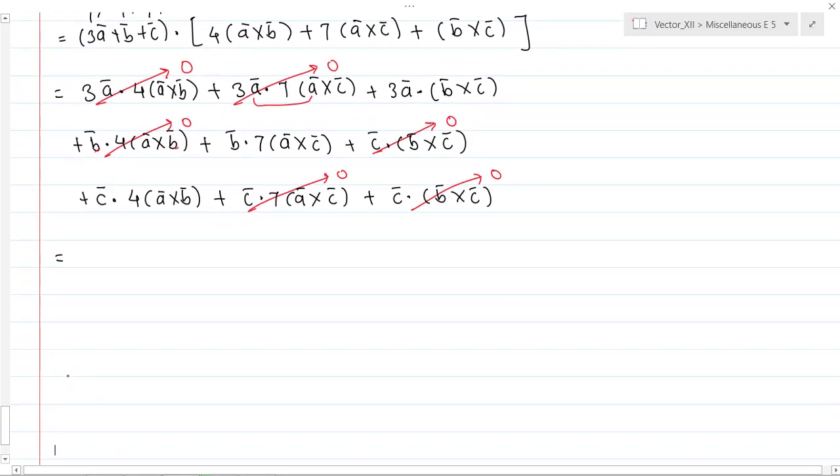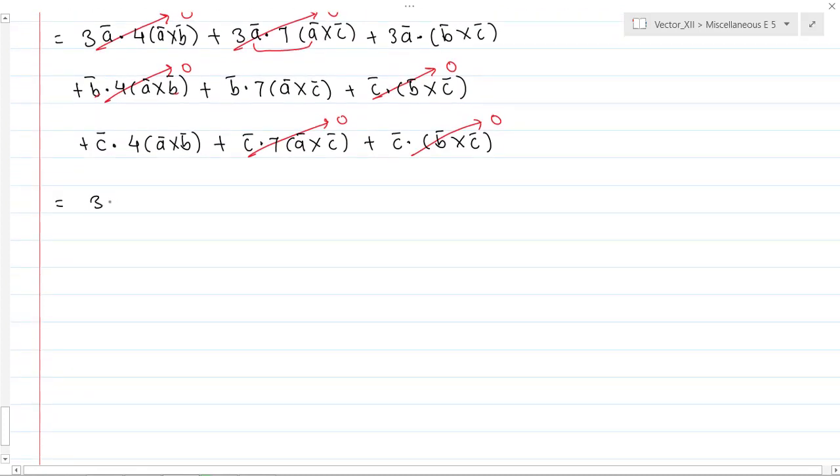So this is going to be 3A bar dot B bar cross C bar plus 7 B bar dot A bar cross C bar plus 4 C bar dot A bar cross B bar.